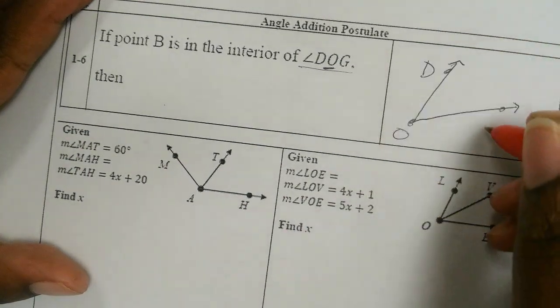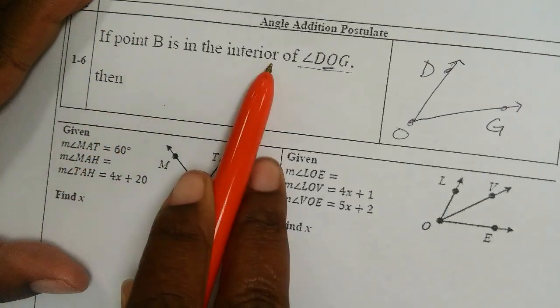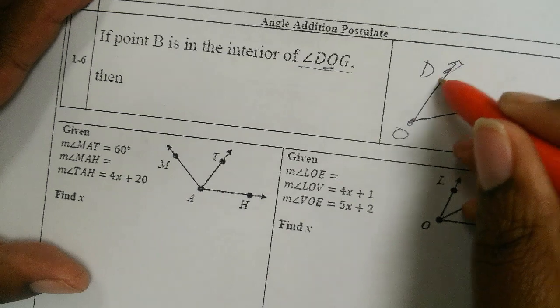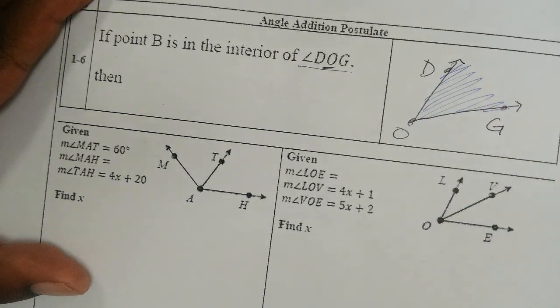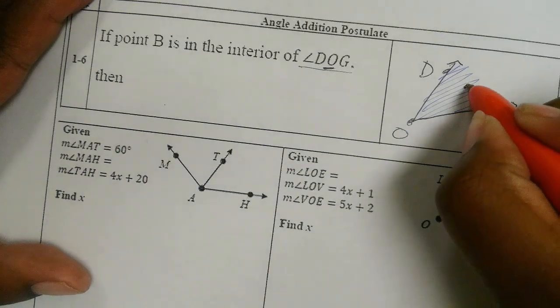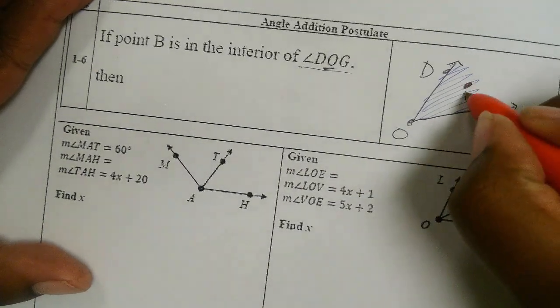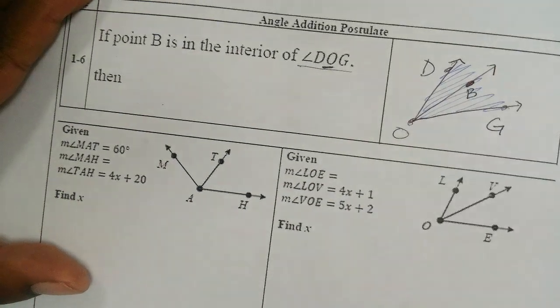Now they're telling me if point B is somewhere in the interior. The interior is inside the angle. So all this area right here, this is my interior. They're telling me that B is somewhere inside there. So that's B. And I'm just going to draw a ray with B there.